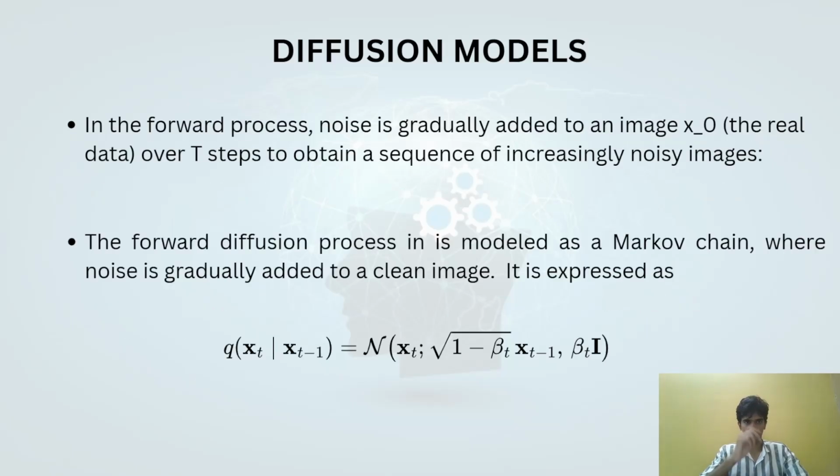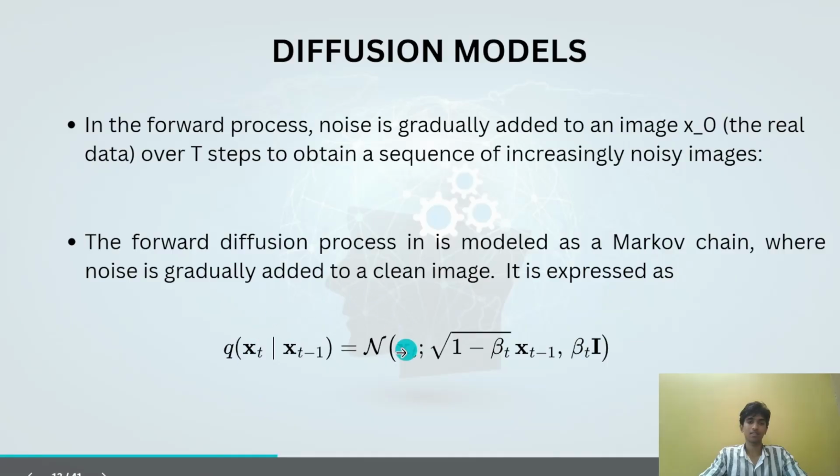So in the forward process, noise is gradually added to the image x0, which is the real data, over t steps to obtain a sequence of increasingly noisy images. The forward diffusion process is modeled as a Markov chain, in which noise is gradually added to the clean image.